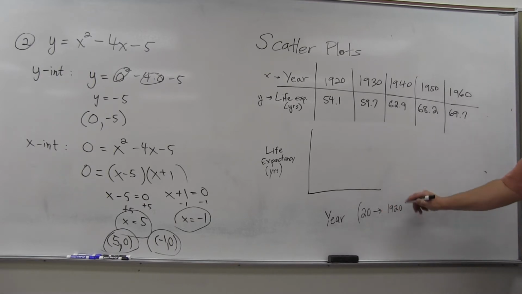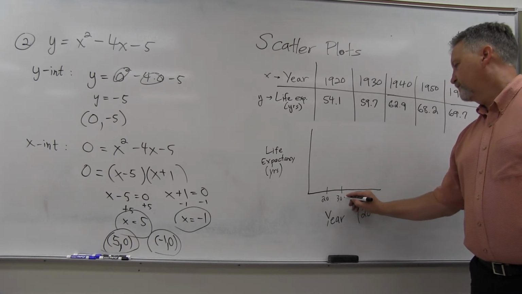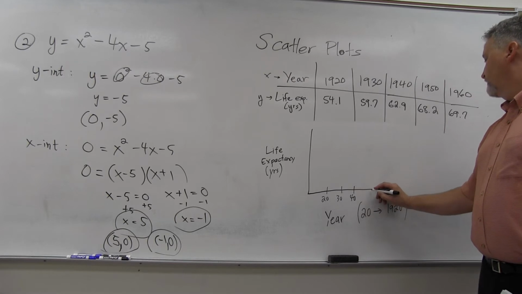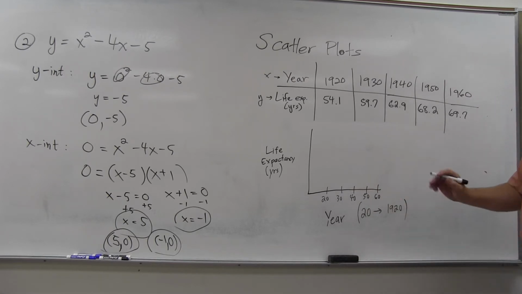I could go ahead and write 1920, but it'll probably look better if I do my years like that. So I've got 20, 30, 40, 50, 60. Whatever we do, just make a notation of what it means.